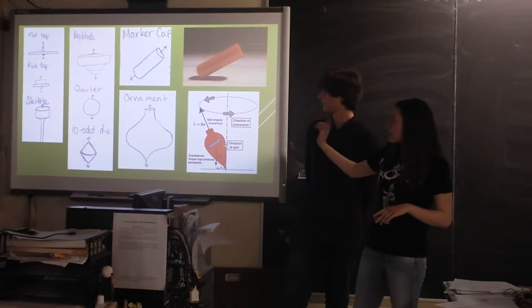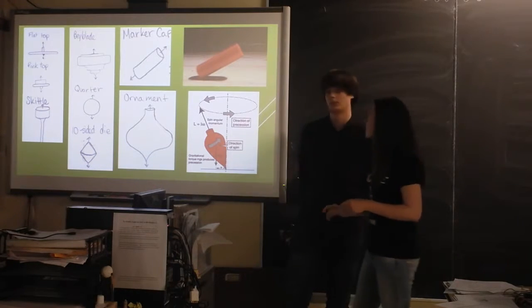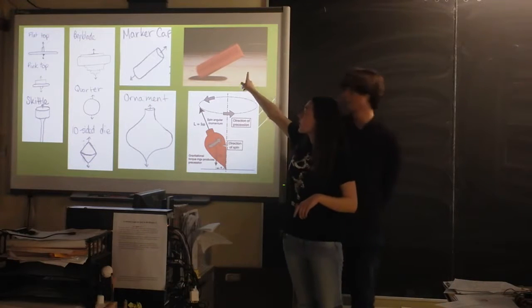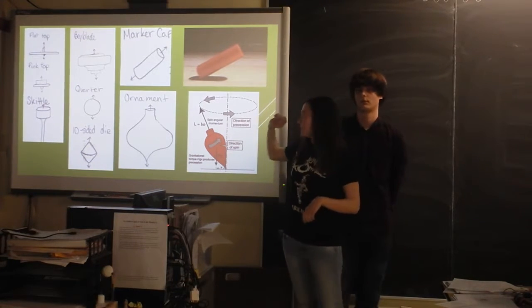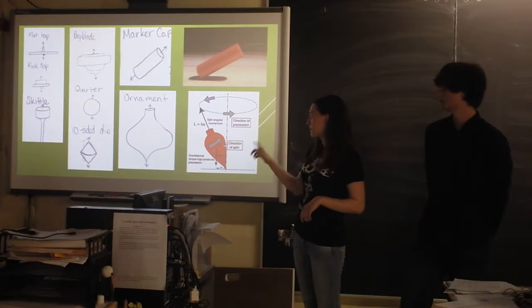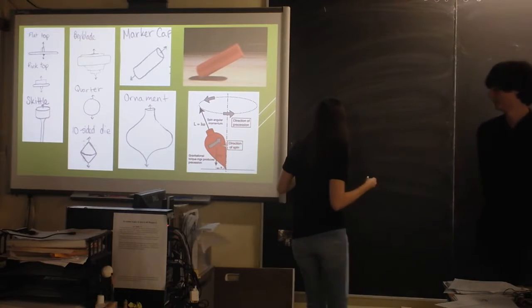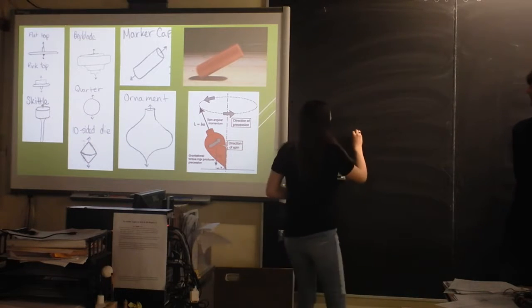This shows diagrams of the objects and what axes they were rotating on. This is a picture of the marker cap from the video of its rotation. And this is a diagram that explains precession. I thought I would do a diagram to show you what's happening.